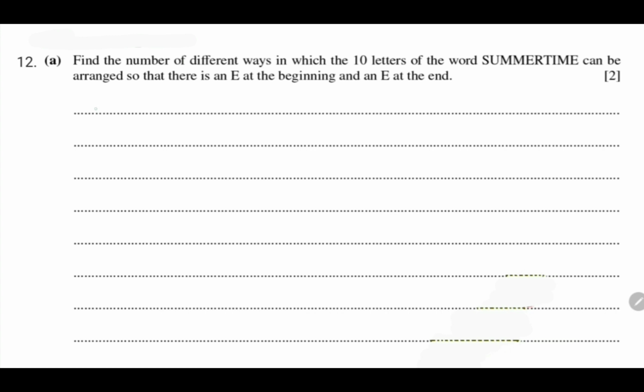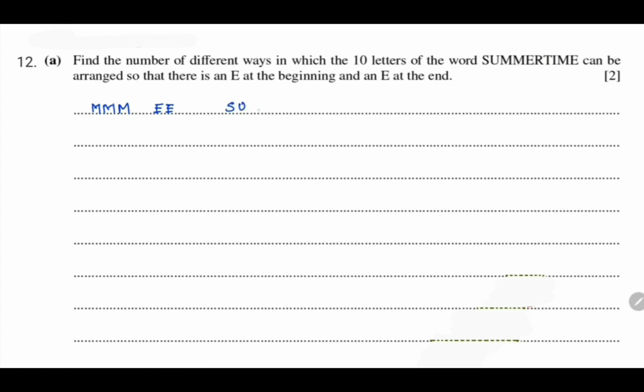So let me write the repeating letters. M, M, and M. M is repeating 3 times. E is repeating 2 times, and summer is unique.